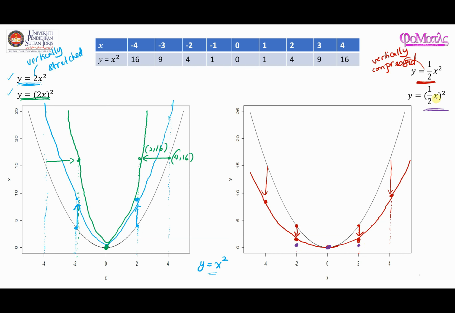Next, if x is 4, then this will be 4 over 2, which is 2, to the power of 2 is 4, so it will be at this same point, and this one will be somewhere here. So you can see that the curve is even flatter than the red curve, so it's really flat. Something like that.